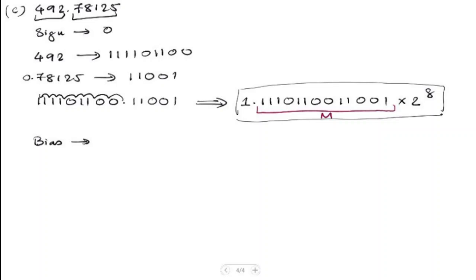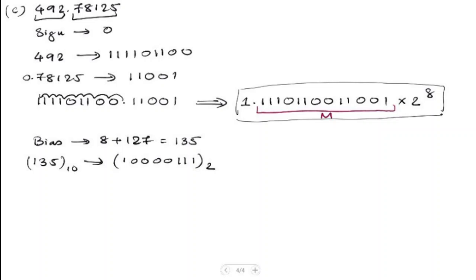Now we have 8 plus 127, which is 135. And then if you convert the exponent 135 from base 10 to binary, you get the number 10000111 in base 2. So that's the binary number.